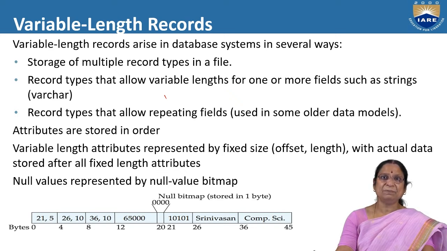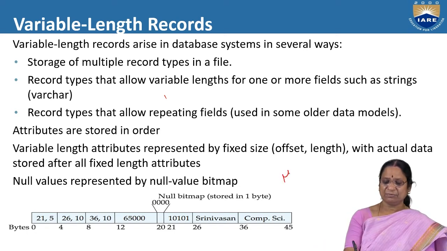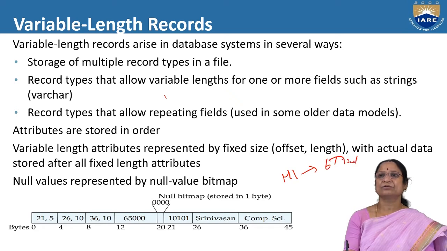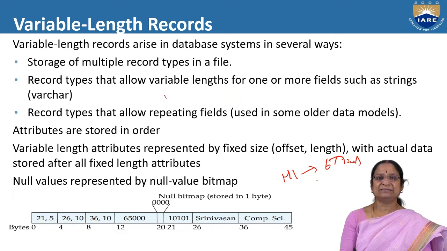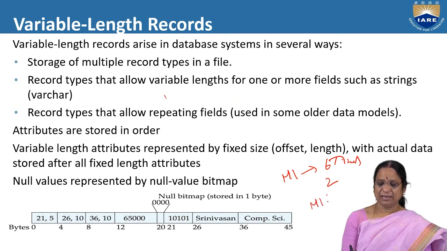Record types that allow repeating of the fields. For example, marks. Instead of storing marks M1 occurring 6 times, M1 occurs some n times. For example, the first student appears in only 2. Then marks are going to have M1 of 1, M1 of 2, only 2.